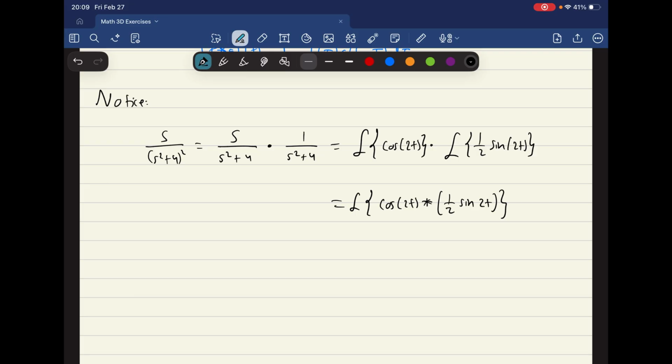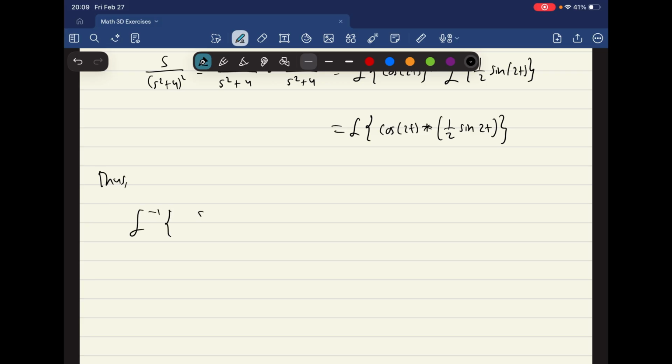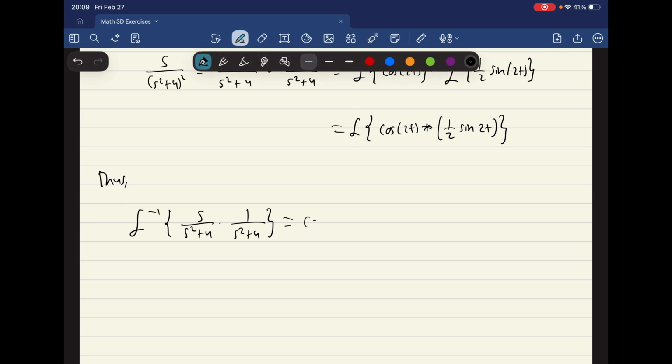Therefore, it follows, by taking the inverse Laplace transform, that L inverse of s over s squared plus 4 times 1 over s squared plus 4, well, the inverse Laplace cancels out with the transform, and we're just left with the convolution of cosine of 2t and 1/2 sine of 2t. Okay.